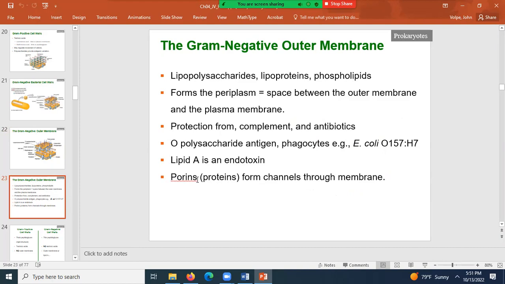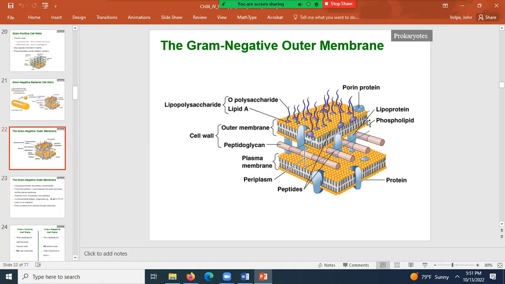And then there's the porin protein of the gram-negative cell, and that allows molecules to go through the outer membrane of the cell wall to either enter the cell, like sugars and amino acids, or to leave the cell, like a molecule which is a waste product of the cell.